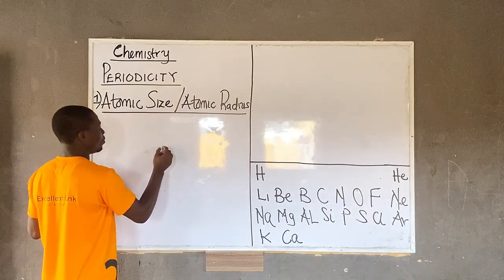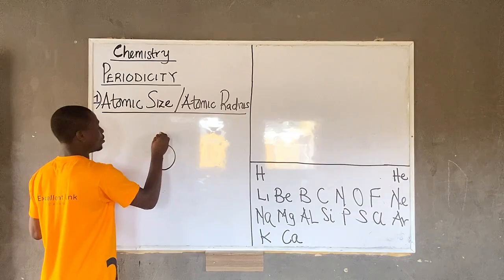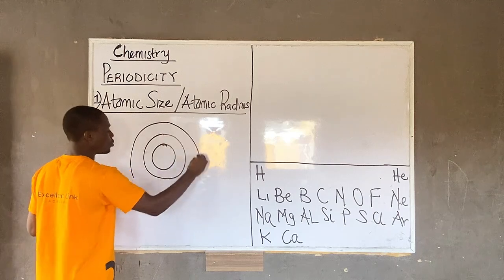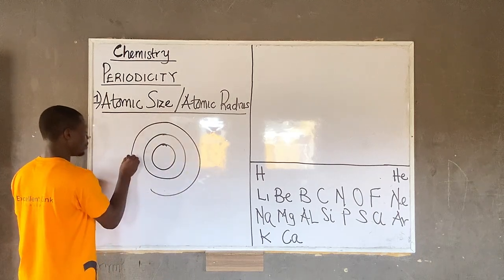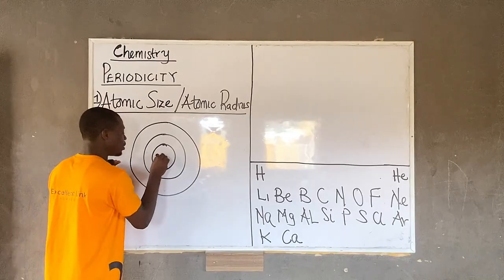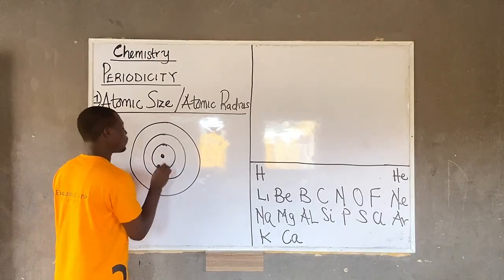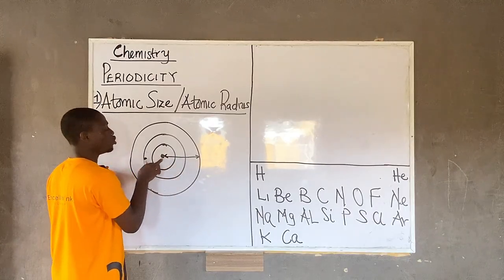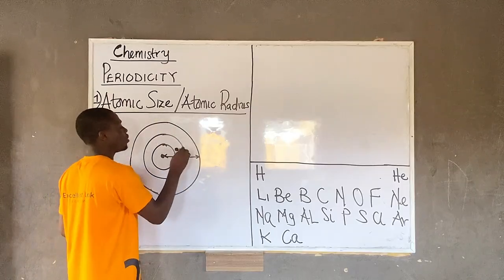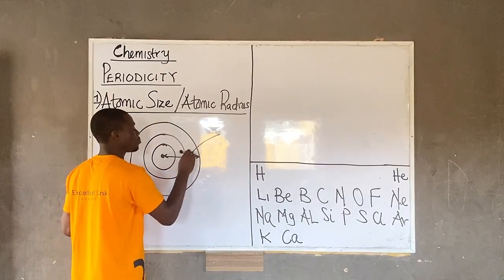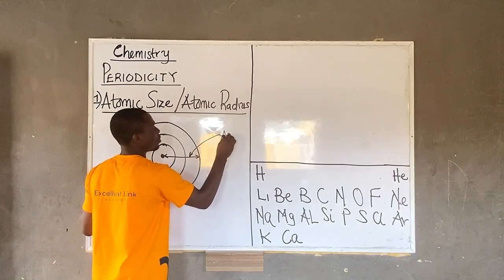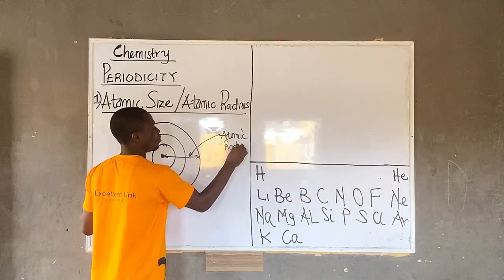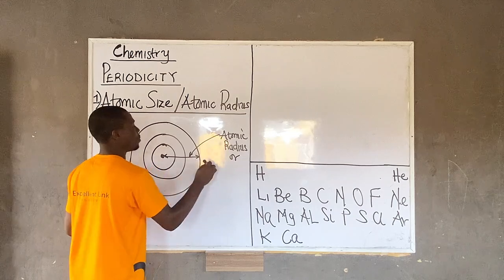Let's say I have my K shell, L shell, and M shell, for instance, and I have my nucleus here. The distance from this nucleus to this last shell is called atomic radius, or atomic size.